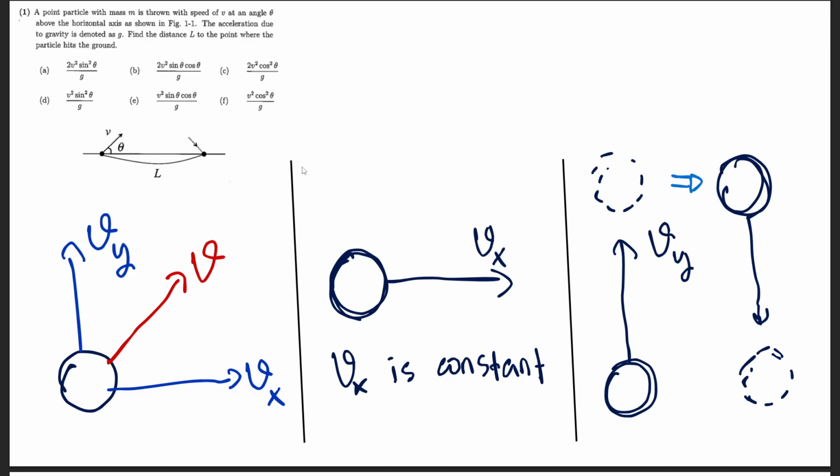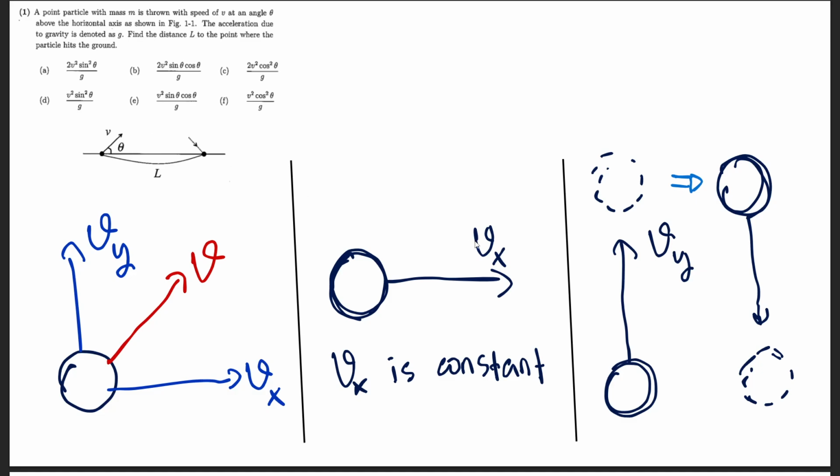So to solve the problem, we see this v as two components, that is Vx and Vy, and let's analyze the horizontal component. Let's just imagine the ball moves like this.